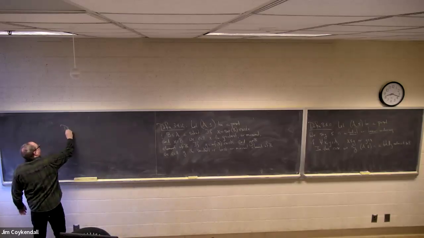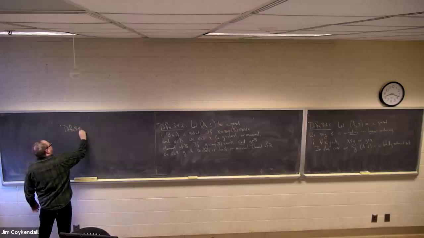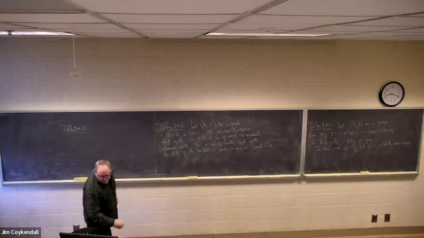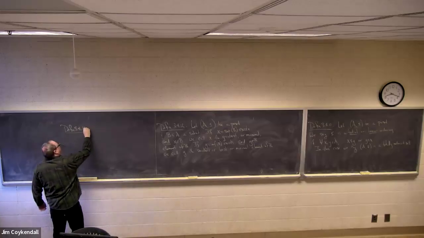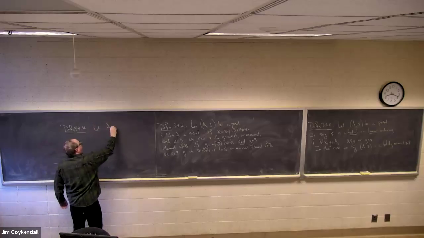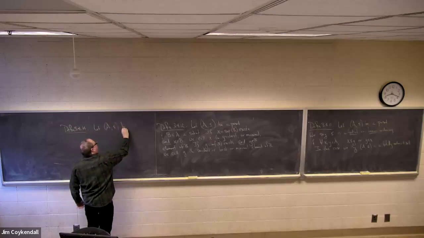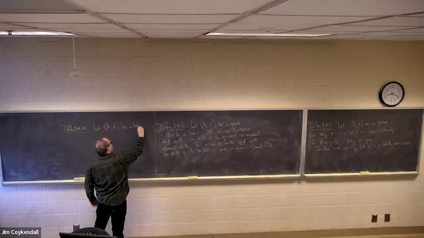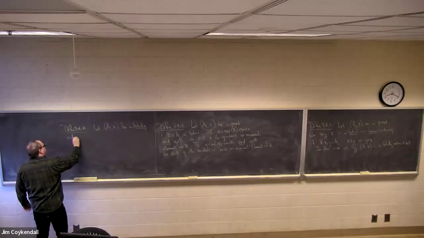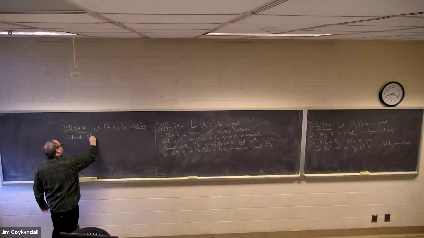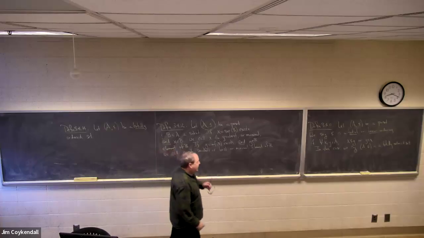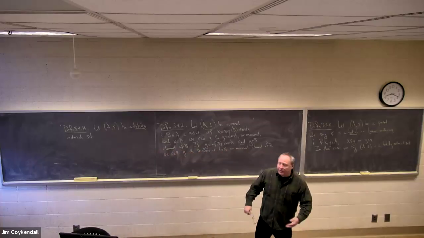Definition. Let A be a total set. Okay, so here I'm assuming right at the outset that my set is not just partially ordered, it's totally ordered.